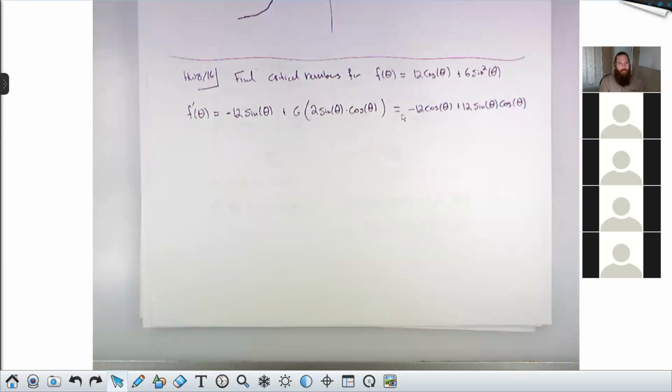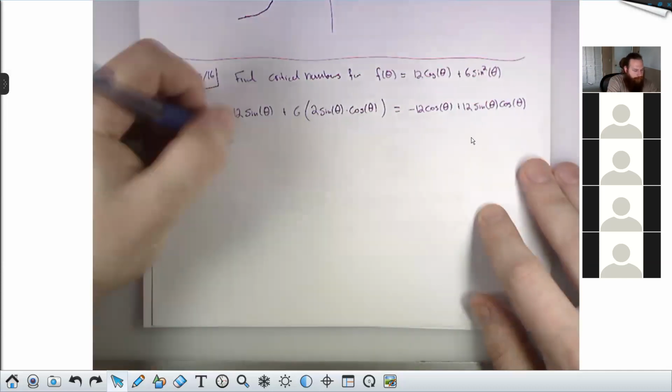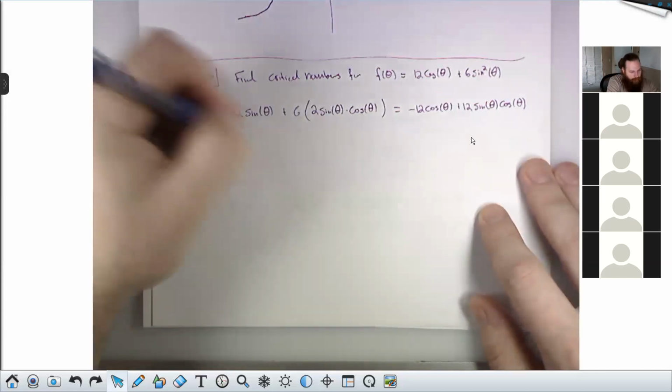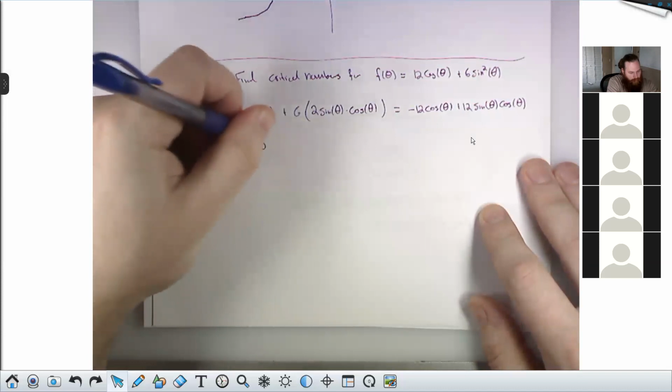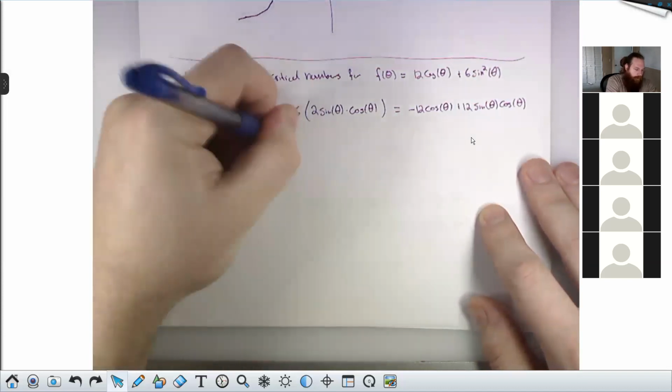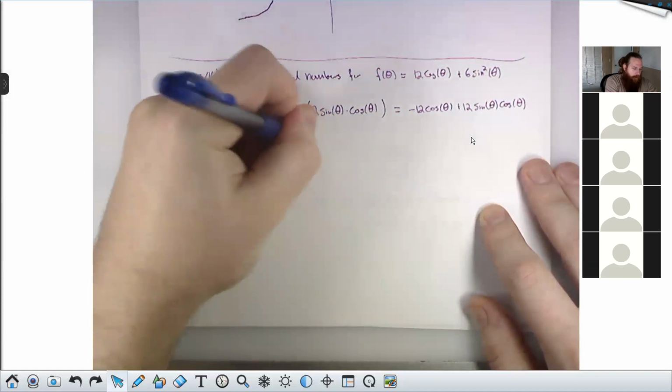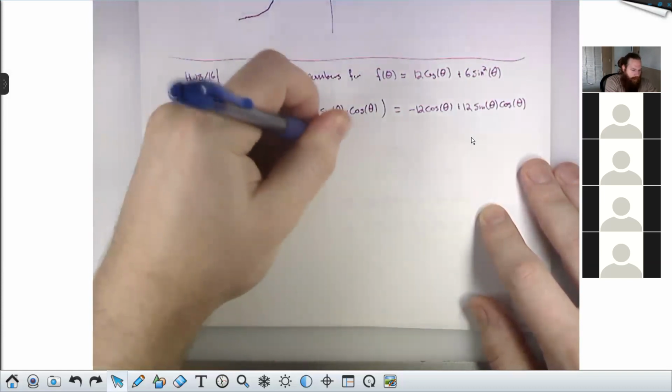Sine and cosine are never undefined, so I don't expect that this will ever be undefined. So I'm going to factor 12 cos theta out, and what's left is negative 1 plus sine theta.